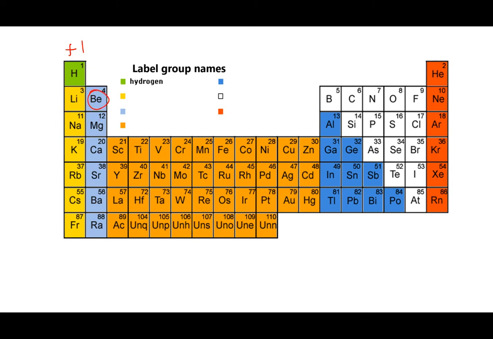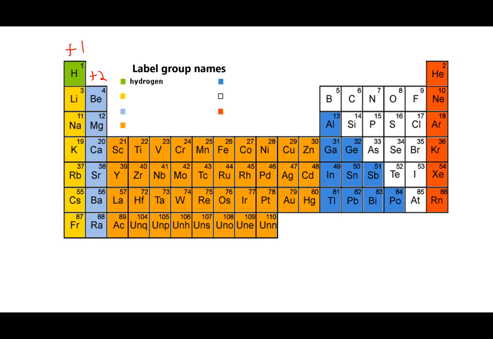For beryllium and magnesium and calcium, everything in this group tends to form a charge of +2. And I'll label it right here at the top, +2. They have 2 electrons on their outer shells. They tend to lose those 2 electrons to form a +2 charge.